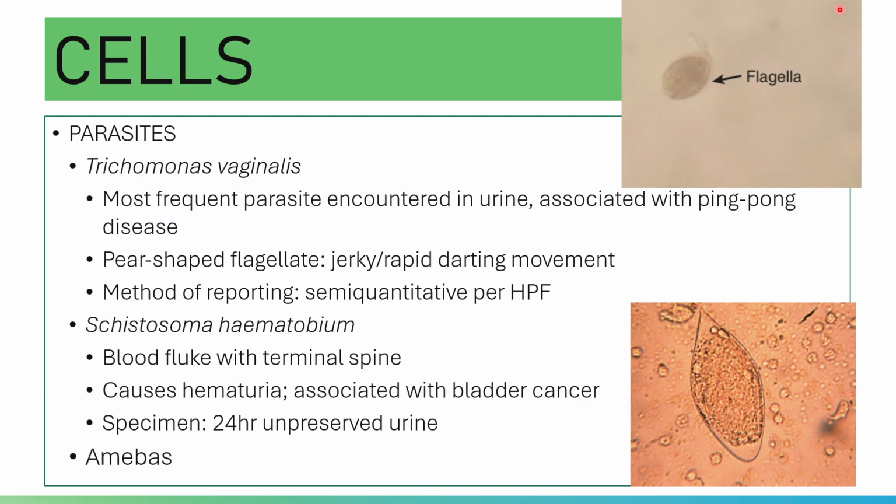Again, Trichomonas vaginalis may be present in the urine as a result of vaginal contamination or infection in the urethra or in the urinary bladder.